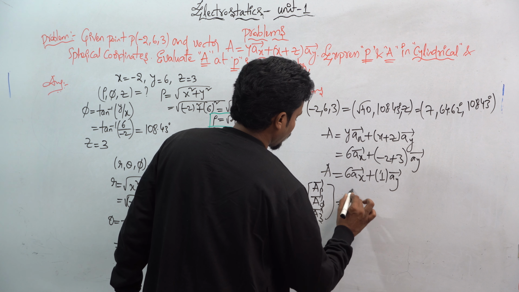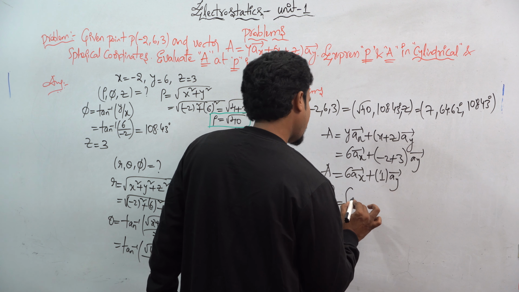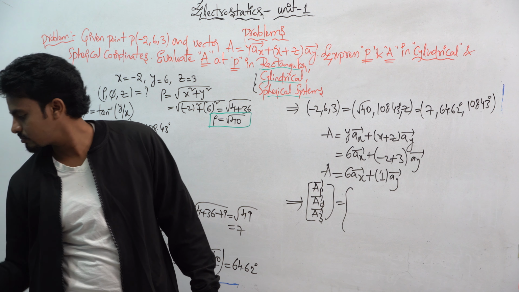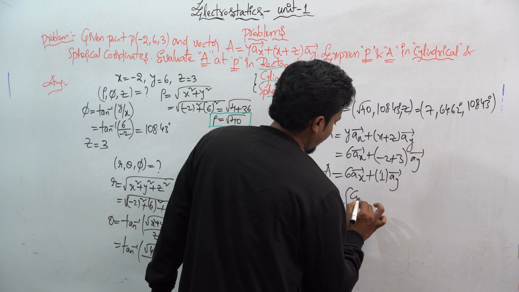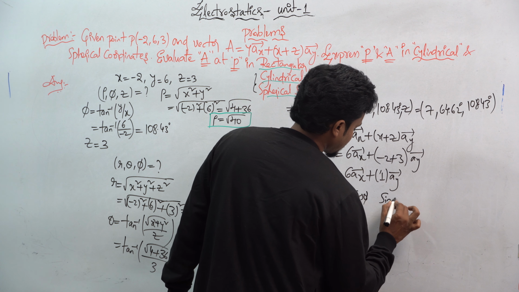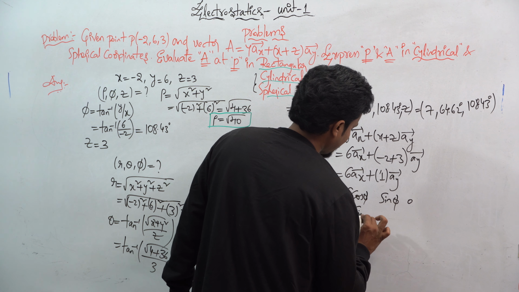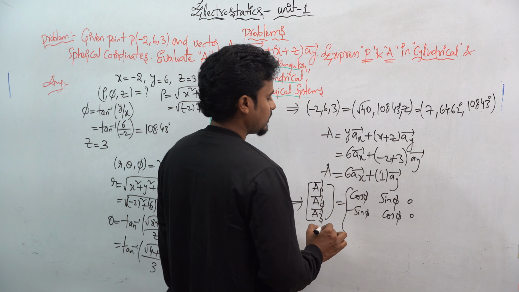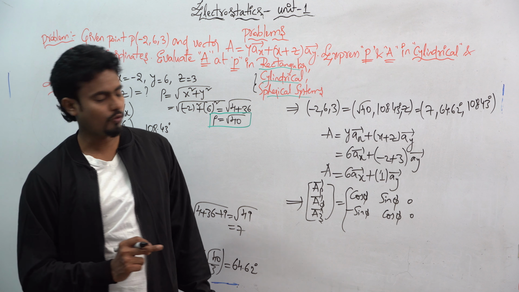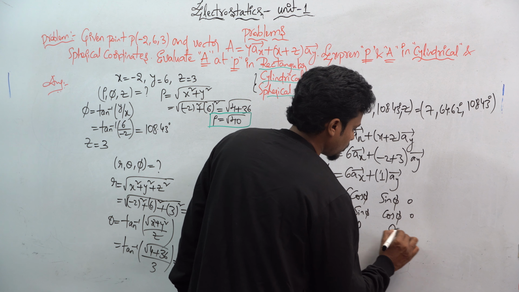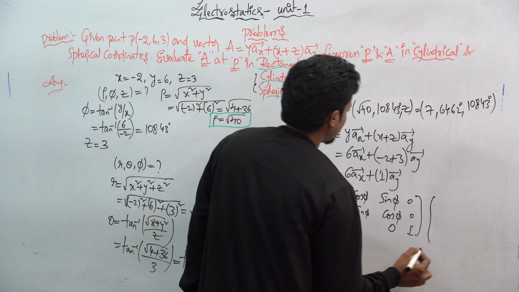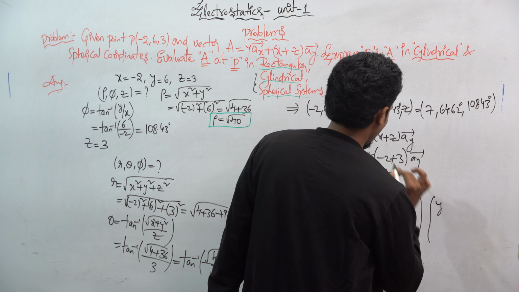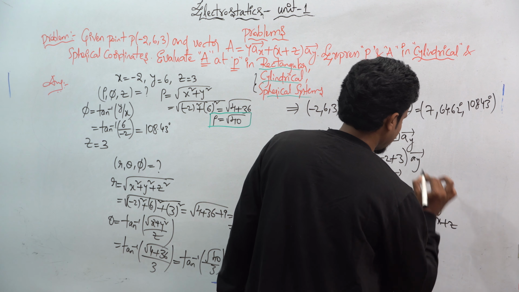Here you can see the formula: cos phi, sin phi, 0; minus sin phi, cos phi, 0; and 0, 0, 1. And the column is y, x plus z, and there will be no z.